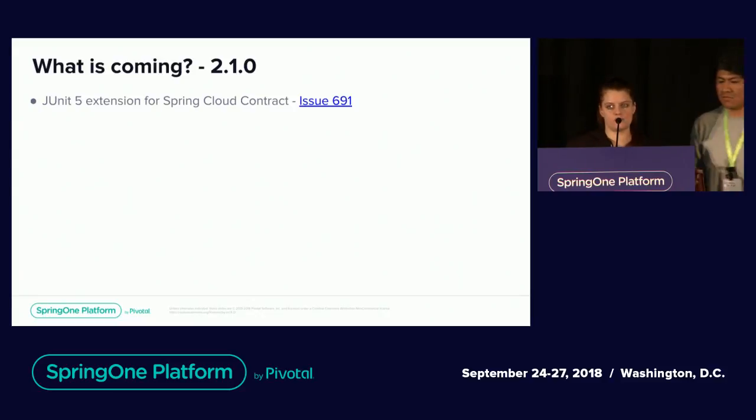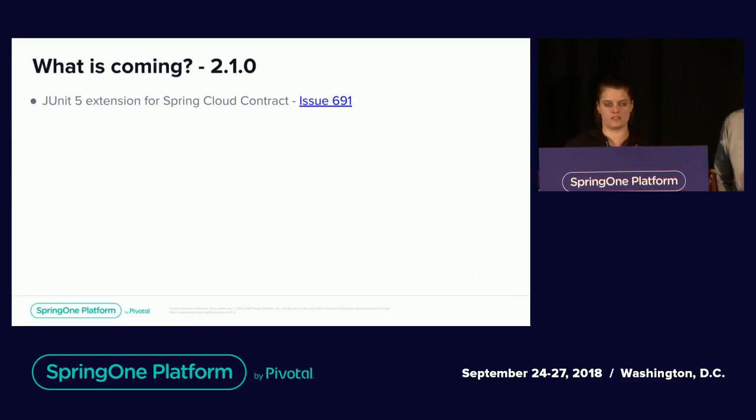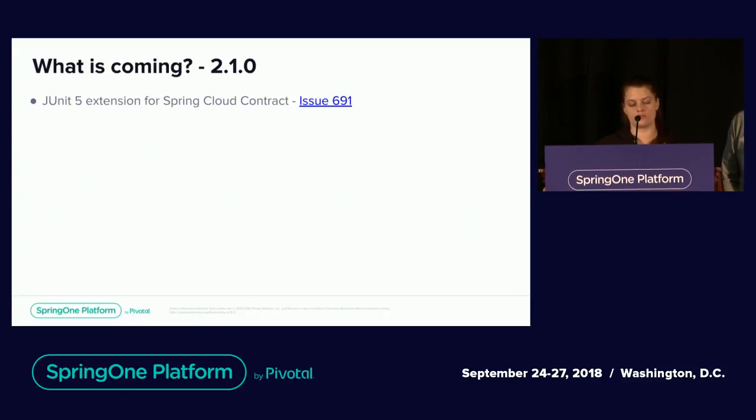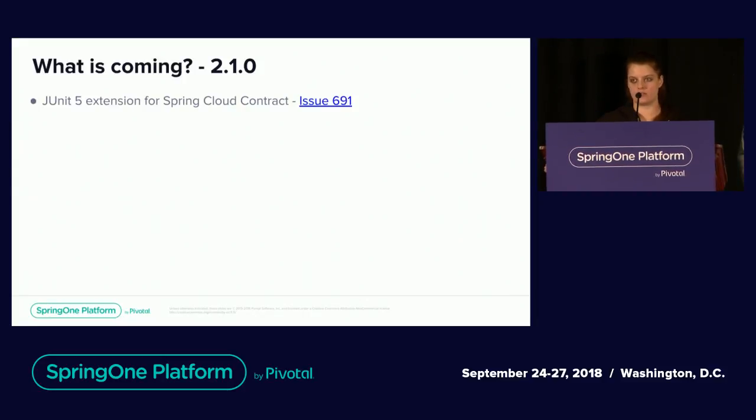Yeah, so the current support that we have for JUnit 5 is the same as we have for Spock, which is creating automatically generated tests with any of these frameworks. So if you prefer to use Spock or JUnit 5, you can have those automated tests created with them.